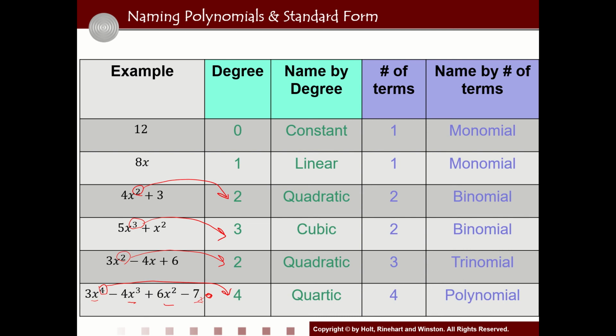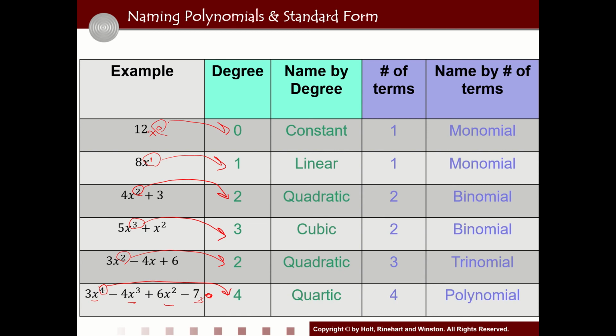That's our degree. 8x. Now I said if there is no x, the exponent is 0. If there is an x and we don't see the exponent, then that exponent is a 1. And there's no other x's, so that is the largest exponent, a degree of 1. And again, up here there is no x, so that means that is like x to the power of 0.